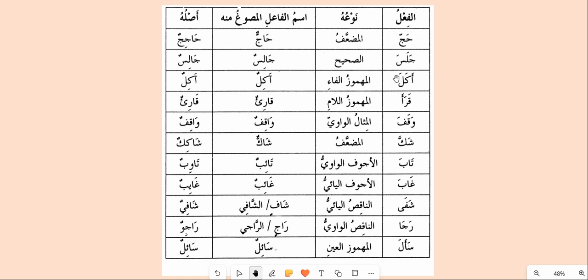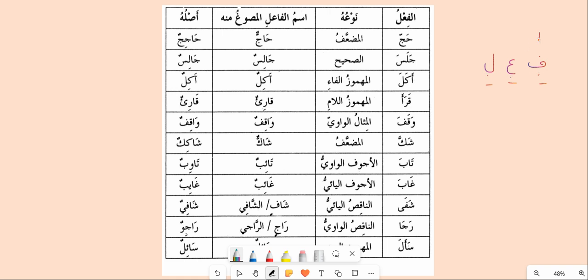Akala. Now, what is this type of verb? Do you have a hamza? Yes. And where is it? It is on the first letter. So you know when you learn the sarf, the triliteral verb in sarf has 3 letters: the fa, the ain, and the lam. So in English we call it the fa radical, the ain radical, and the lam radical. But in Arabic you say fa al-fi'l, ain al-fi'l, lam al-fi'l.